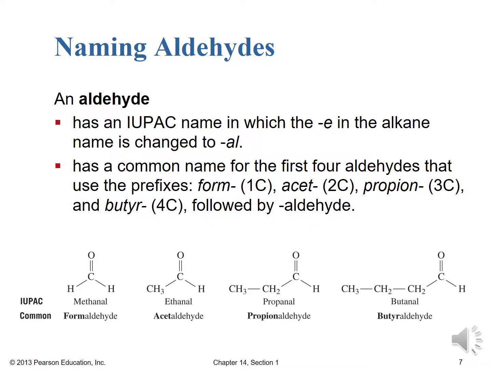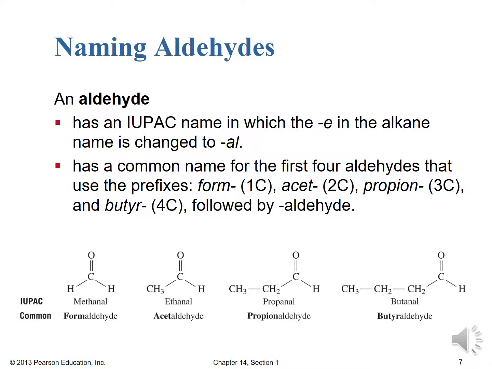So here we see IUPAC names. Methanal would be our first aldehyde. We don't have to indicate 1, because the carbonyl carbon is always going to be number 1 here, since the hydrogen terminates. Common name formaldehyde. So you've probably heard of that substance, and you probably know it as a fixative, something that's a biological fixer and used to preserve biological tissue.